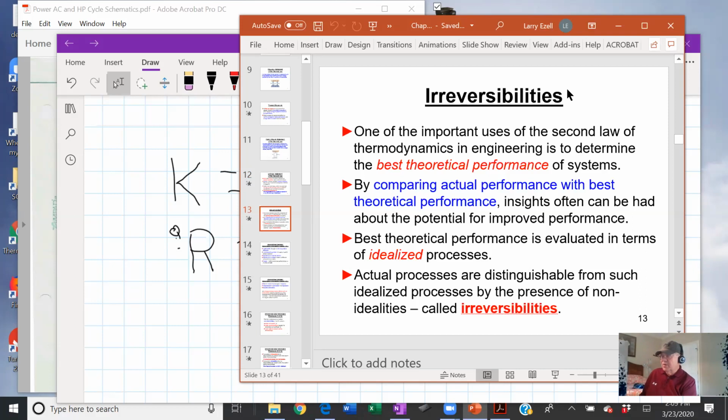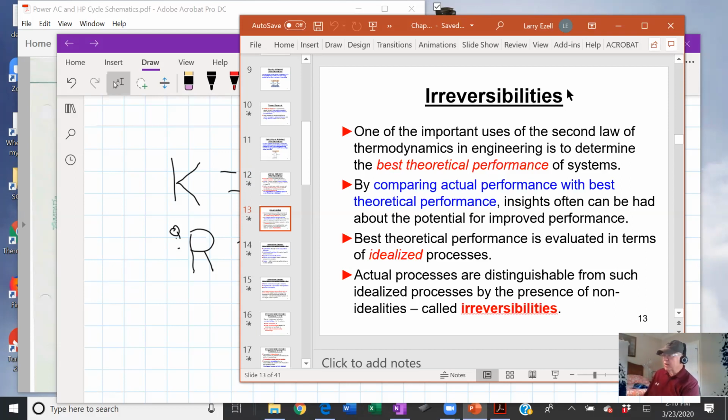We come up with the best theoretical performance, and we evaluate that in terms of an idealized process. An idealized process is a process with no irreversibilities. There's no friction loss, there's no pressure loss, just like in an electric circuit, you have losses across resistors due to the voltage drop. In mechanical systems, you have losses of power due to friction and pressure losses and other things like that.